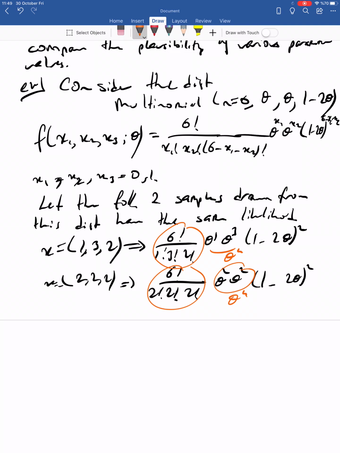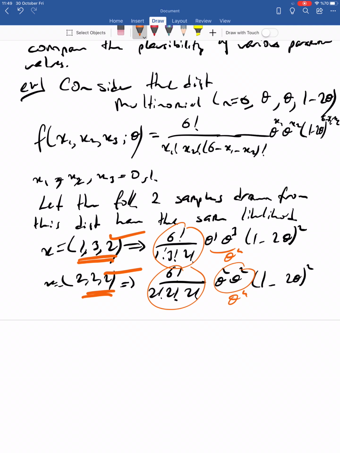This means that the information I get about theta using this sample and this sample is equivalent. I will get the same information in the estimation of theta whether I get this sample or this sample. So nothing will change.